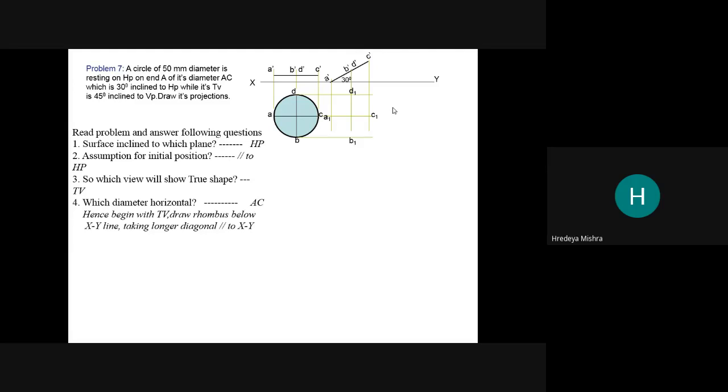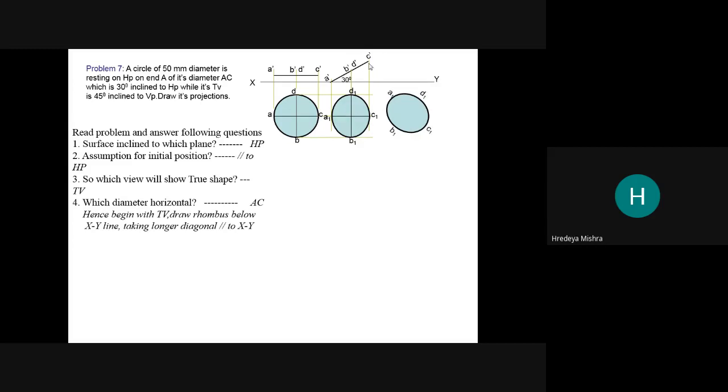So you just see, this is the diameter. Now the shape is changed, see here, because AC is inclined 30 degree. Now it is given here that the top view is 45 degree inclined. Now we have to make this 45 degree inclination.